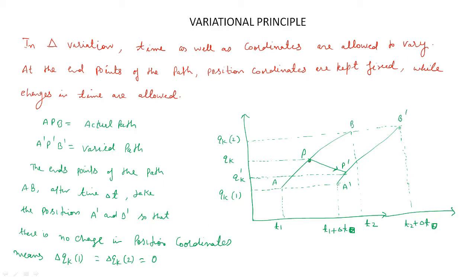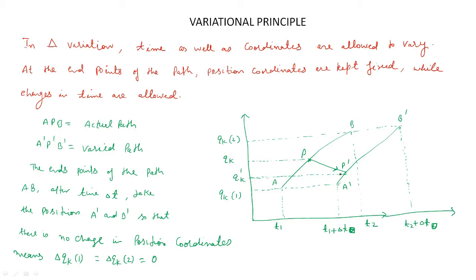But a variation is allowed in the time as well as the position coordinates. So let us say a point P is here for the actual curve, and after delta t time it reaches P dash for the varied path A'P'B'.